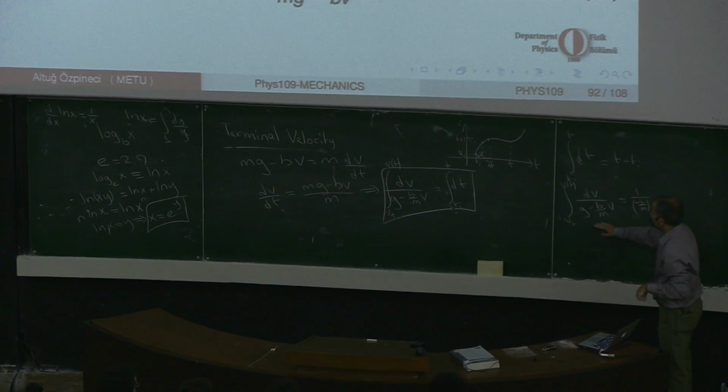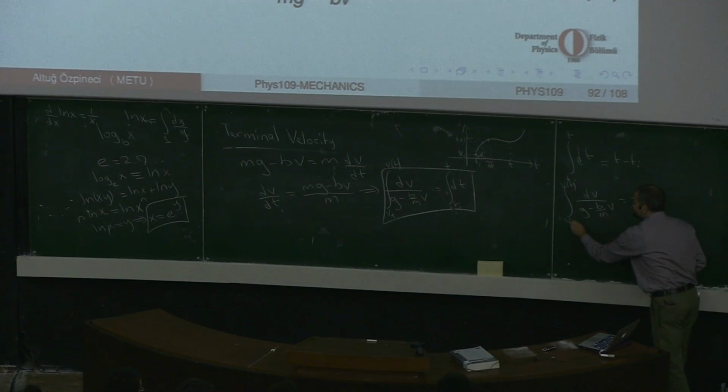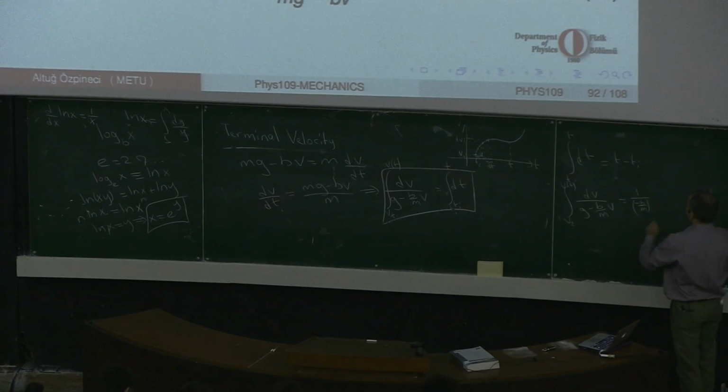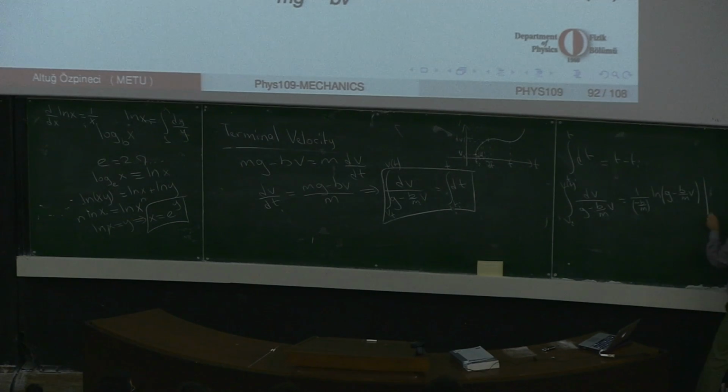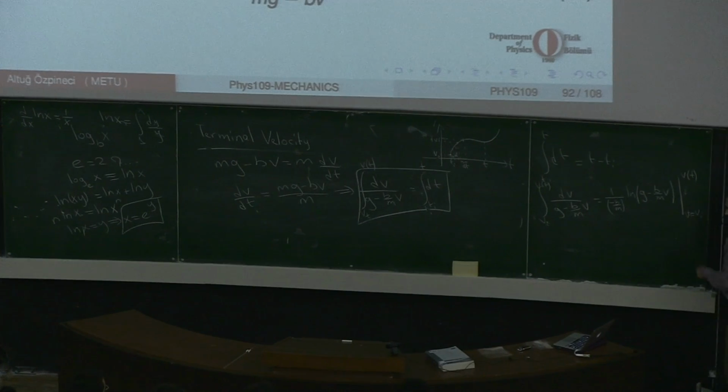So if you come back to here, the integral of this one is 1 over minus b over m, logarithm of g minus b over m v, where v goes from the initial velocity to the velocity at time t.